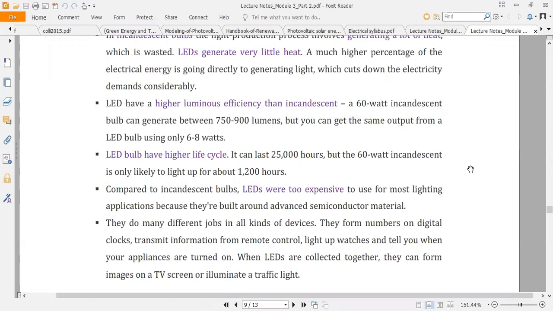So there are a number of uses of these LED bulbs. Their size may vary. Either we may use this LED only with different types of construction, or we can use it as an LED bulb also. Okay.